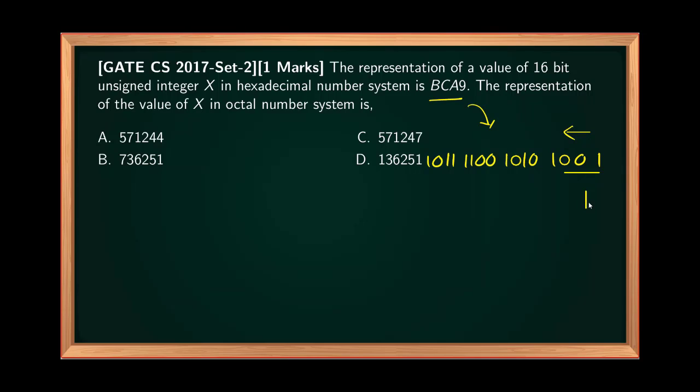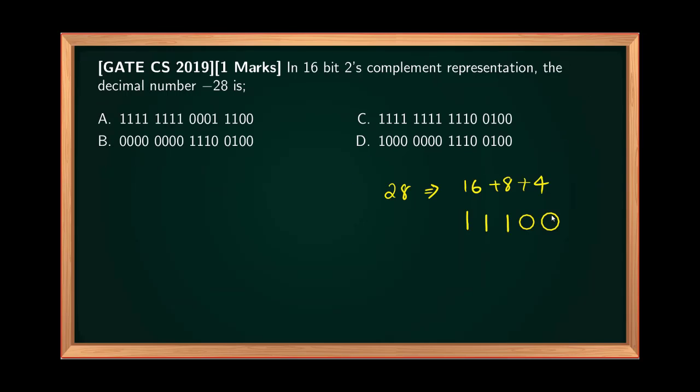So this corresponds to 1, 101 is 5, 010 is 2, 110 is 6, 011 is 3. I can insert 2 more zeros here, so that corresponds to 1. So the answer is 136251.